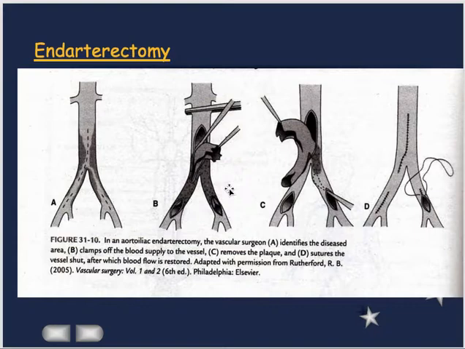Amputation, of course, depends on which area is affected. They remove that area, they cut that area, and later on they decide whether some prosthesis can work or not. This is endarterectomy, right? See, they are stripping off the clot.